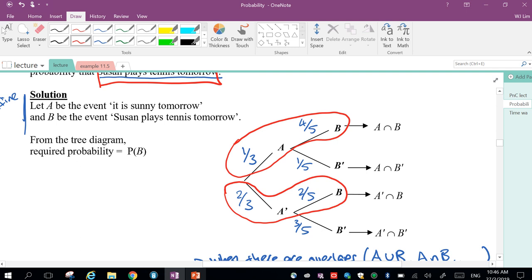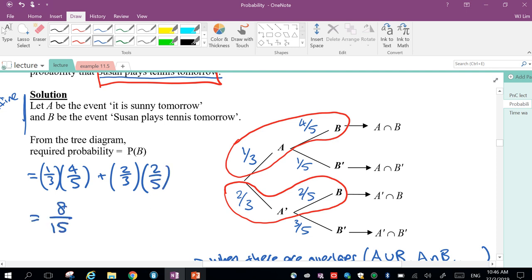Is this clear? So the probability will be 1/3 times 4/5 plus 2/3 times 2/5. So this is 8 out of 15.